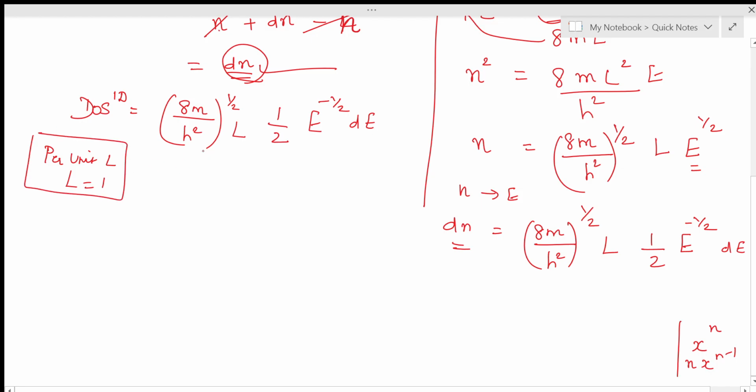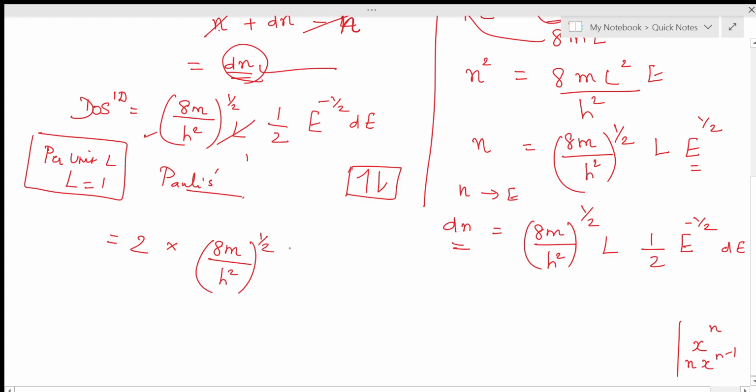Therefore, L is considered as 1 here. And then, according to Pauli's exclusion principle, each energy level is occupied with 2 electrons with spin up and spin down. Therefore, multiplying this equation by 2 gives 2 into 8m by h square, the whole power half, into E power minus half, which can be written as 1 by E power half, and then dE.